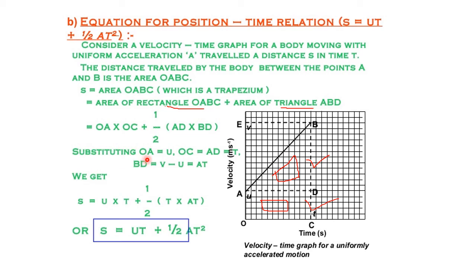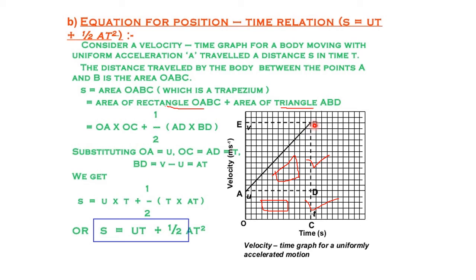So OA is equals to U. Can you see this part? OA is the U, and OC is equals to AD. OC is equals to AD is equals to T, because this value was T. This is the time taken. In the same way, BD is equals to what?